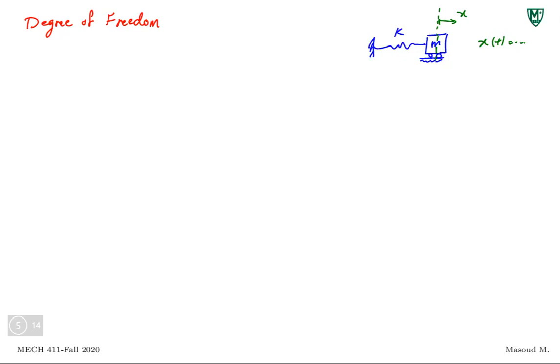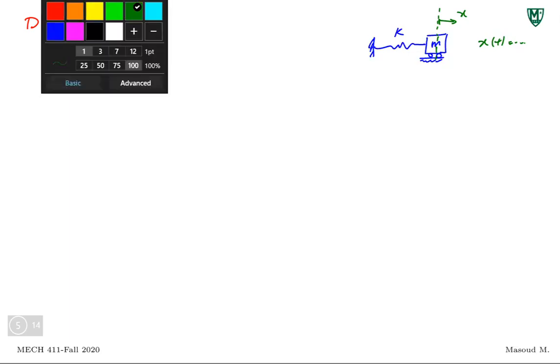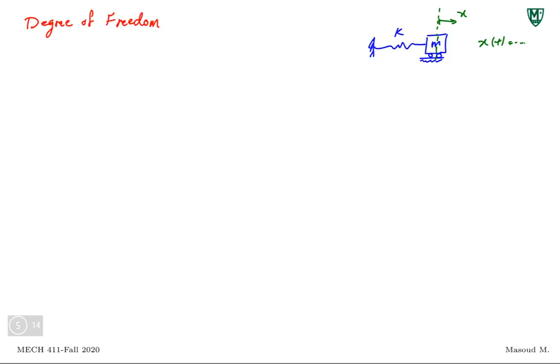When you need only one independent variable, if you want to be more accurate, to describe the system's motion, it's a 1 degree of freedom system. So this is 1 degree of freedom, meaning you only needed one independent variable to describe its motion. Mainly I'm going to refer to this as DOF, degree of freedom.